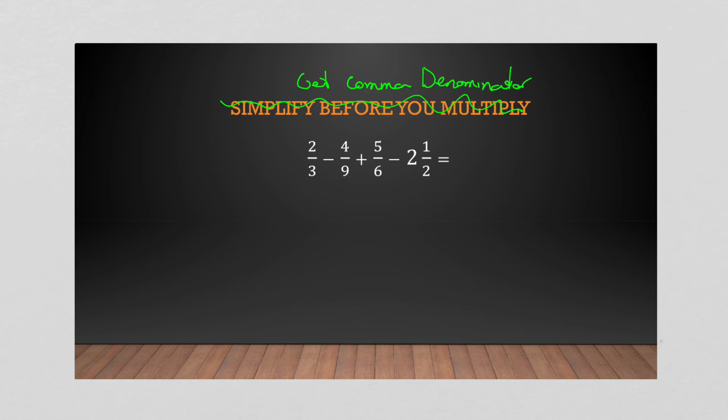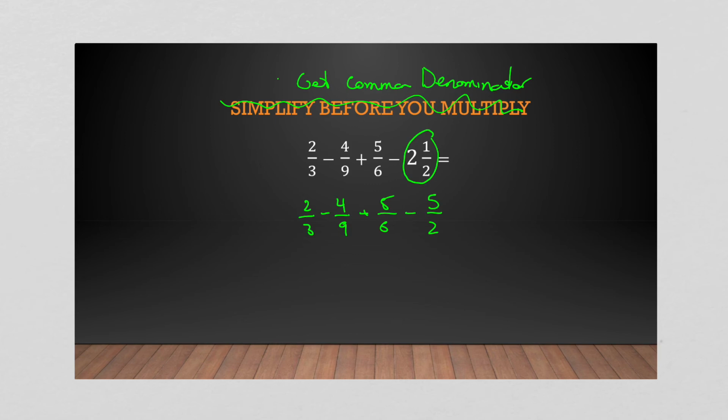So now we need a common denominator, and we have a whole bunch of fractions. First thing I would do is convert my mixed fraction here into improper. So now I have 2 over 3 minus 4 over 9 plus 5 over 6 minus 5 over 2. Now you can actually combine these piecewise. You can do some with some before you do them all and see if maybe things will cancel out.